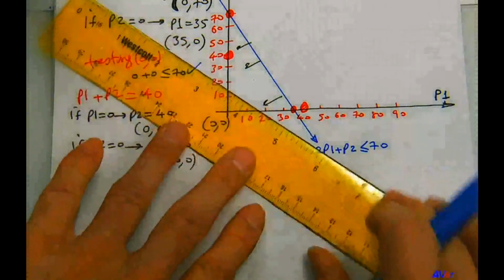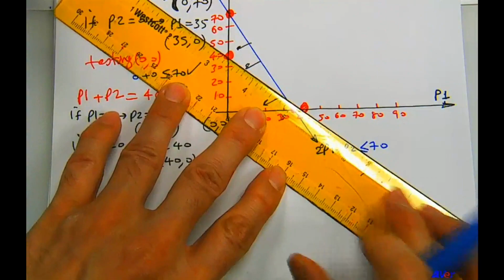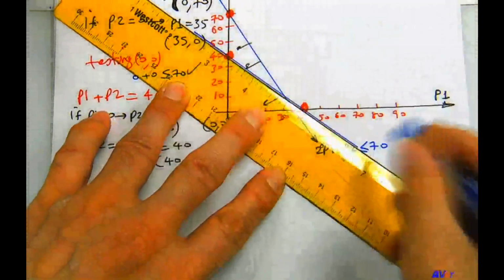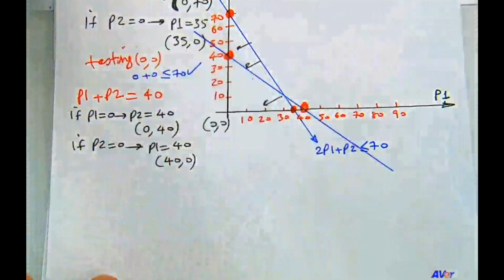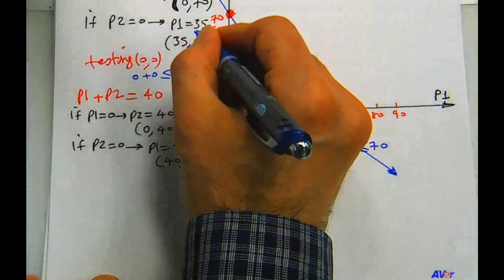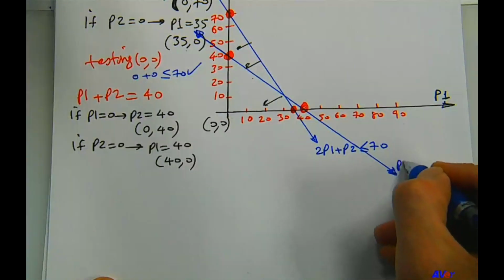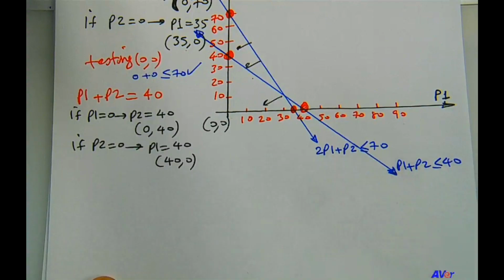Let's connect those with a straight solid line, right? And I'm going to write the inequality next to the line, so I don't lose track of which line is associated with which inequality.